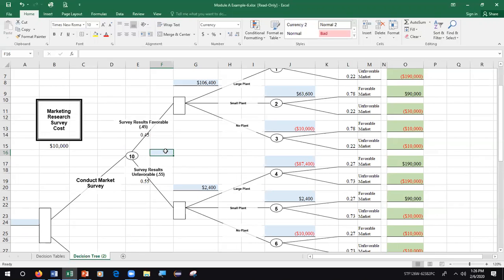So that's going to be equal to this G8 times this probability, plus this times 0.55.